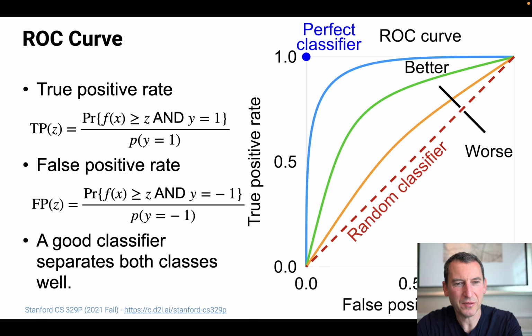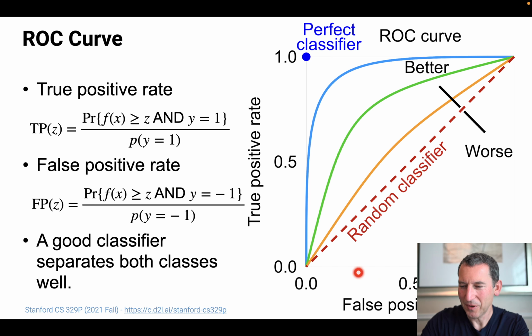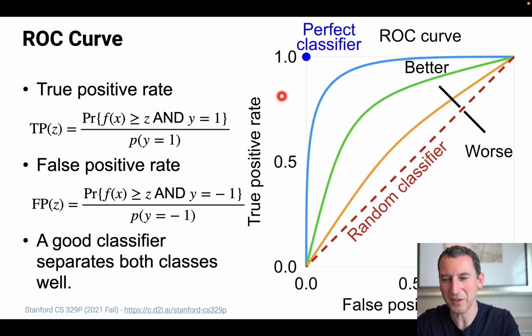The ROC curve, the receiver operator characteristic curve, came from radar during the Second World War. They wanted to detect German planes flying towards Britain, and they wanted to look at how many false alerts they got versus true, proper alerts.